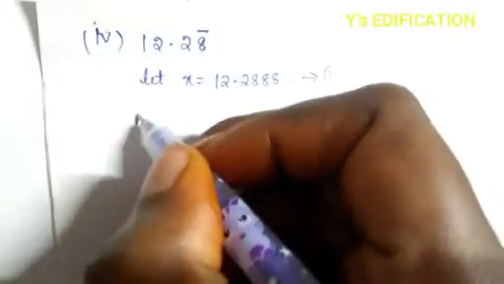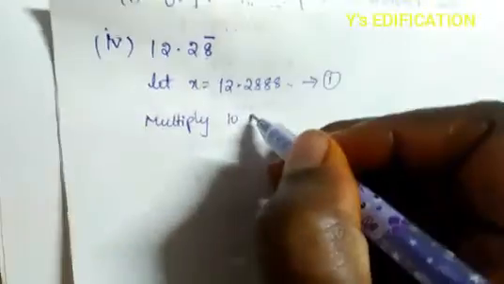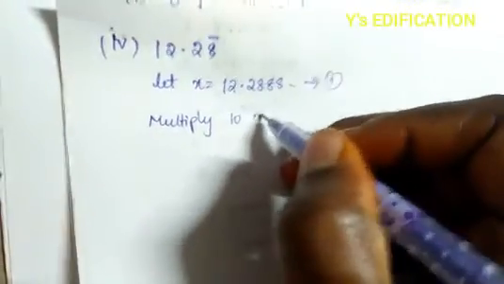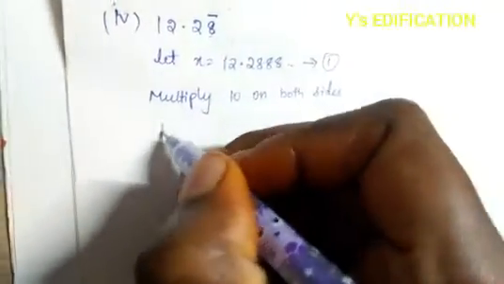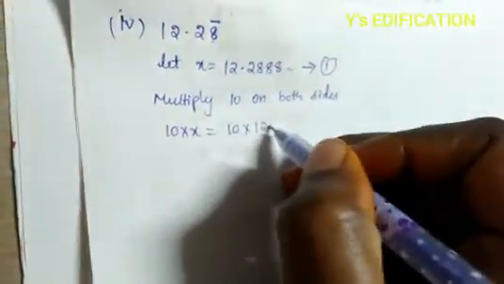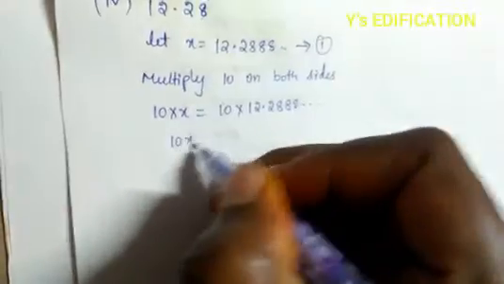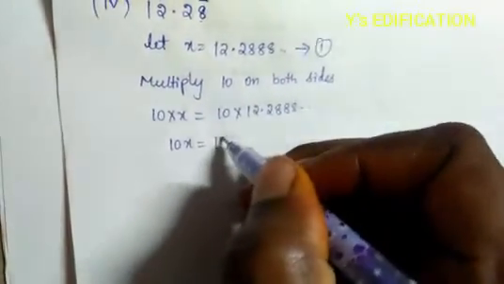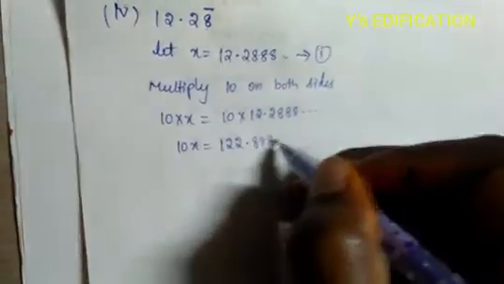So multiply 10 on both sides. So 10 into x is equal to 10 into 12.288 and so on. That means 10x is equal to 122.888 and so on.